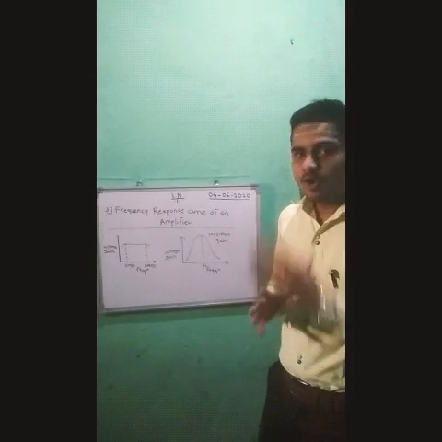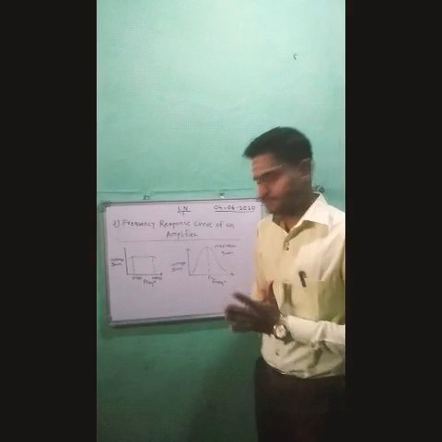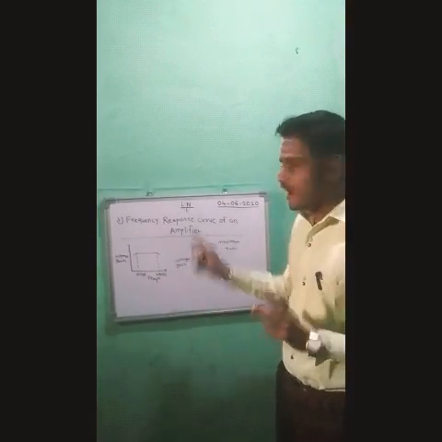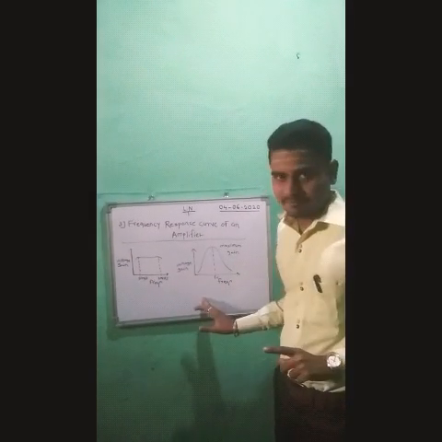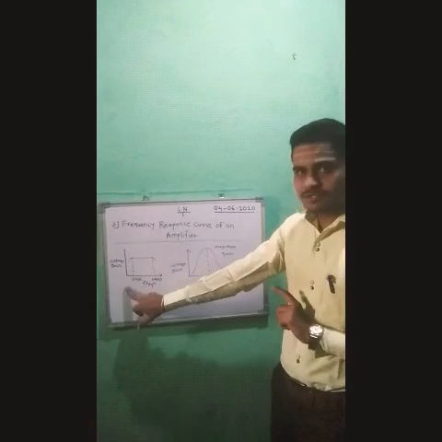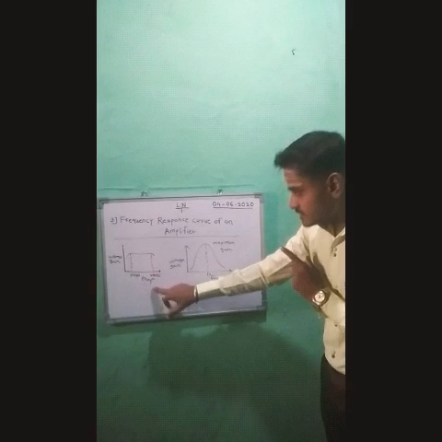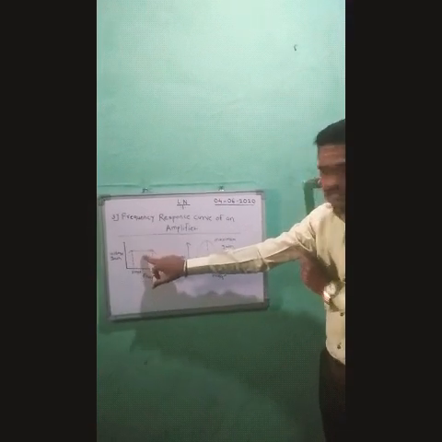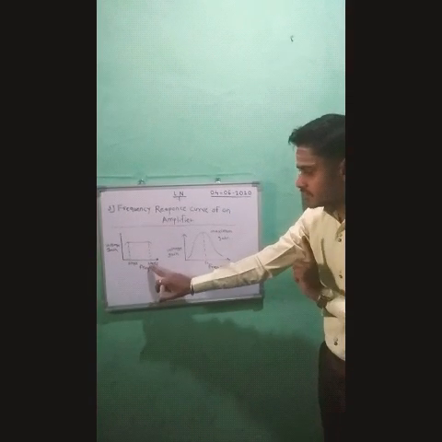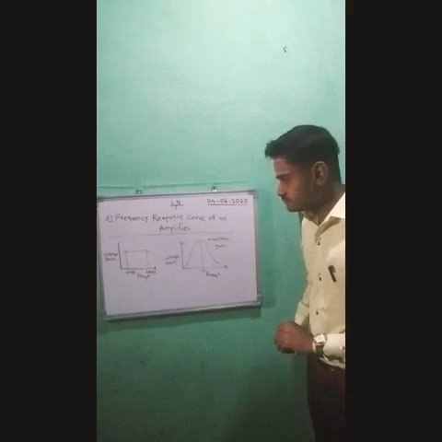Frequency curve of an amplifier. The curve between voltage gain and frequency is called the frequency curve. There are two frequency curves given for the amplifier. This is the first and this is the second. In the first, we see that as the frequency increases, the voltage gain is constant in diagram 1. Here from 15 Hz to 20 kHz, there is a constant gain of the amplifier.